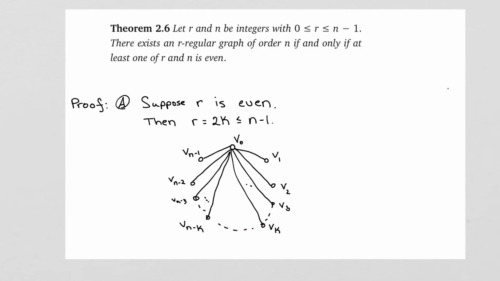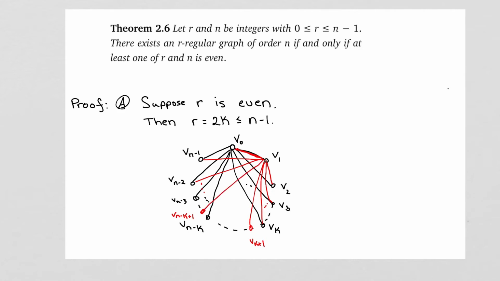So if I'm going clockwise, v1 will be adjacent to v2, v3, v4, and so on, and I'd keep going, dot, dot, dot, and then I would go to v k plus 1, and then in the counterclockwise direction, I'll go to v0, which is already there, v n minus 1, v n minus 2, and then I would keep going until I hit v n minus k. I guess it would be minus k plus 1.